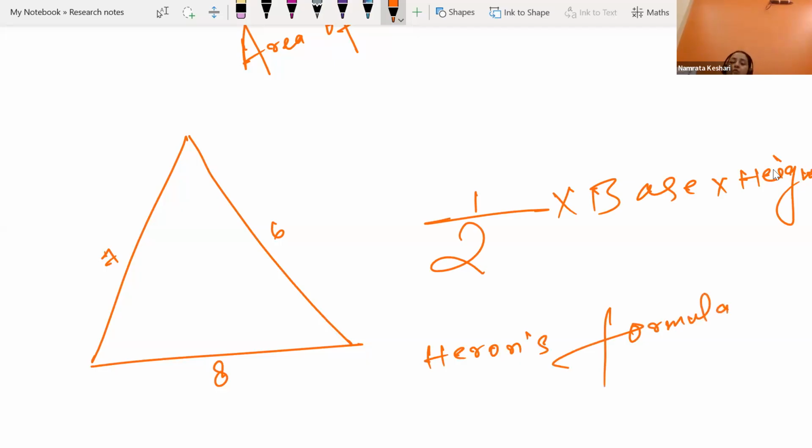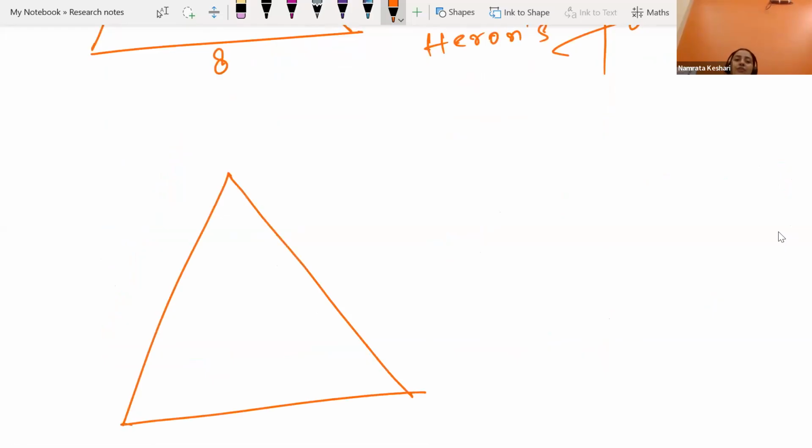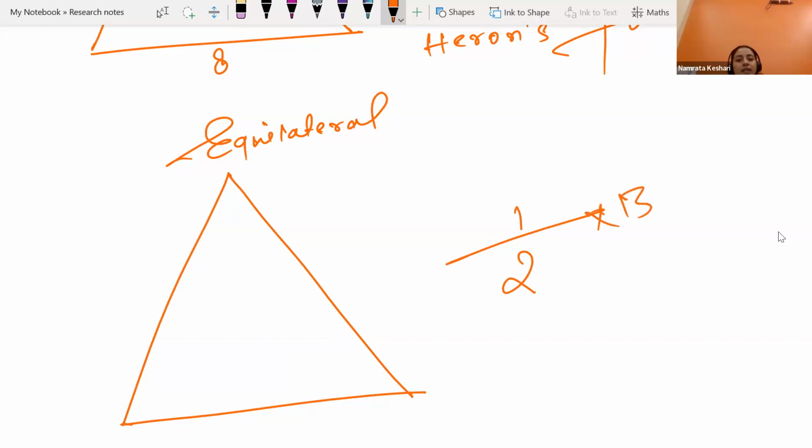That day we also discussed that if we have an isosceles triangle or an equilateral triangle, then we can use our older formula for finding the area.